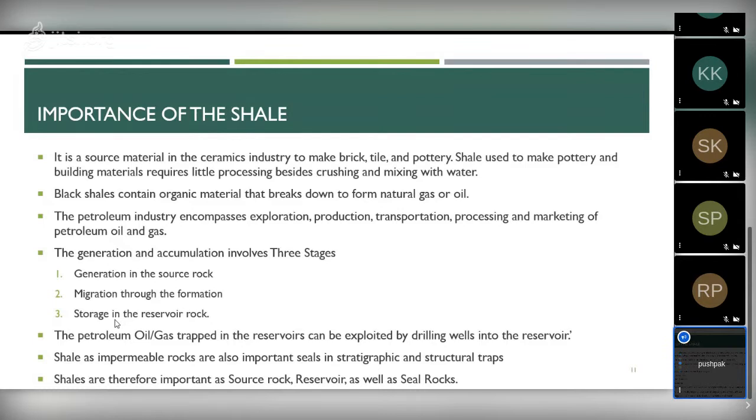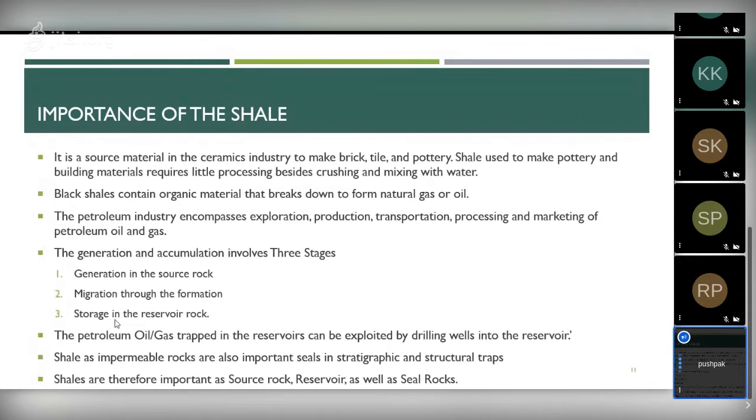Shales have very low porosity and permeability, and thus petroleum once formed is trapped in the rock, but may move out due to hydrodynamic pressure conditions into nearby porous rock.